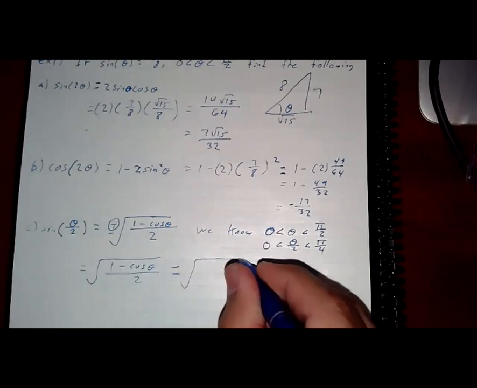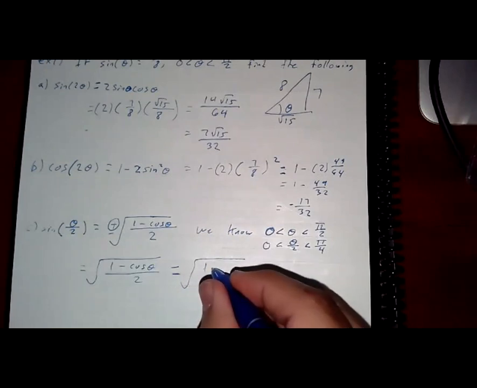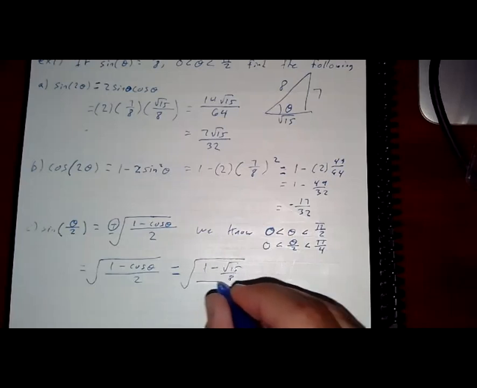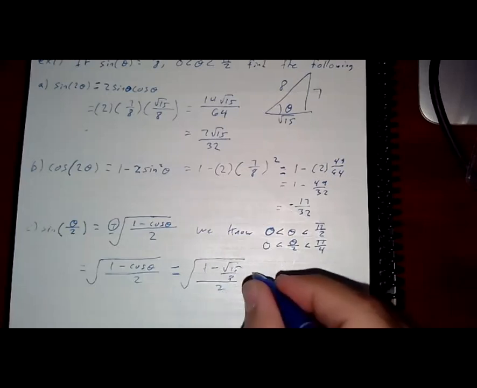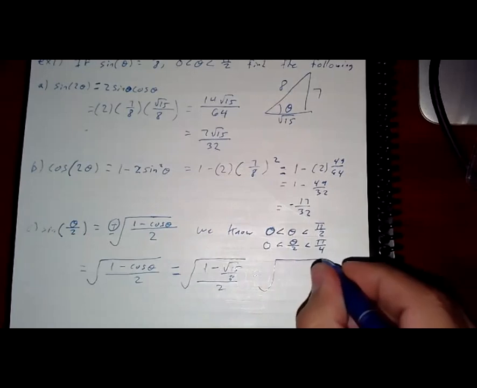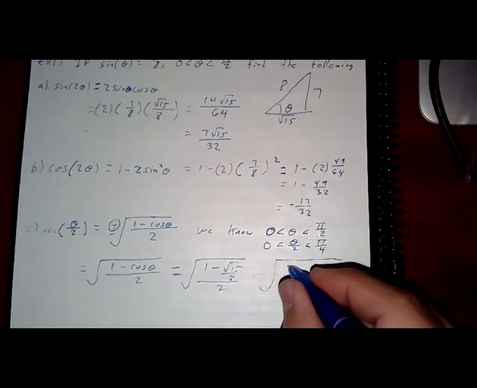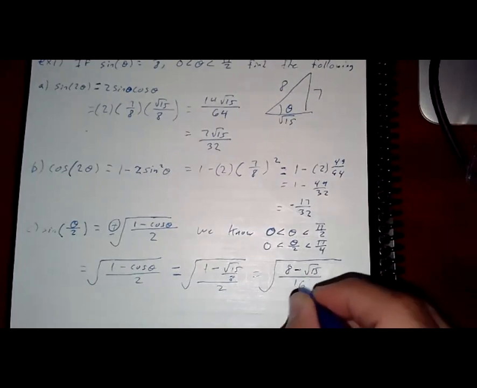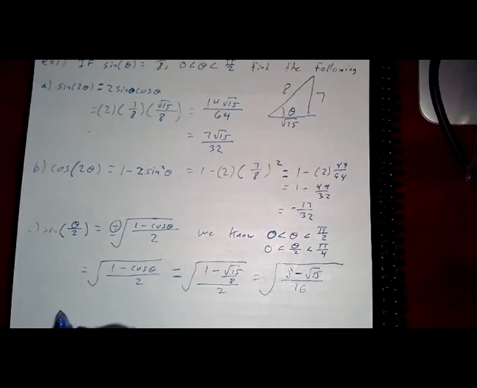So these aren't going to look very pretty, but whatever. 1 minus root 15 over 8 divided by 2, which will be 8 minus root 15 over 16, which reduces to 8 minus root 15 over 16.